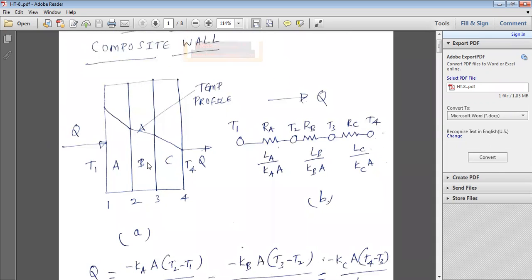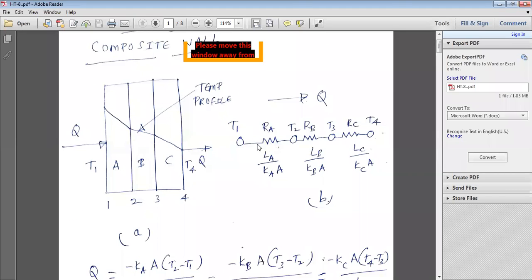Same as for a single plane wall, you can draw an electrical circuit for the combination of three materials, material A, material B, material C. Temperature T1 to T2 is across material A. RA is the thermal conduction resistance offered by material A for heat transfer. RB is the thermal conduction resistance offered by material B, and RC is the thermal resistance offered by material C. But how do you calculate thermal resistance?